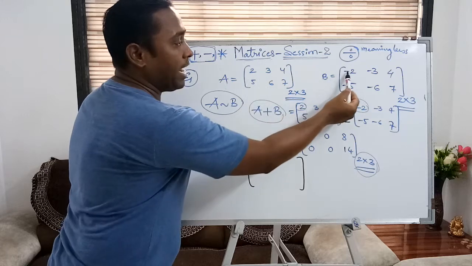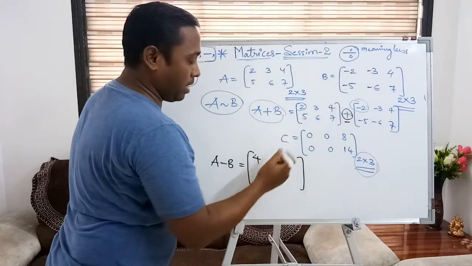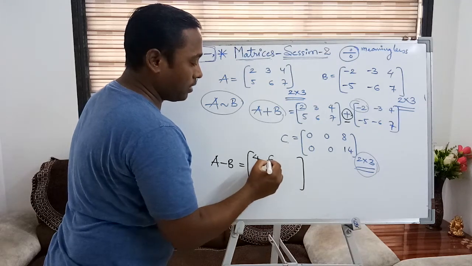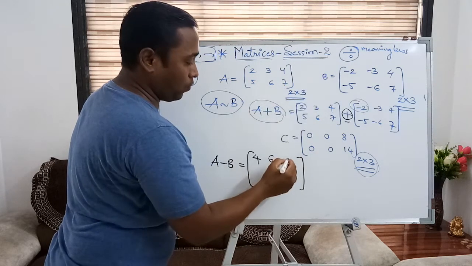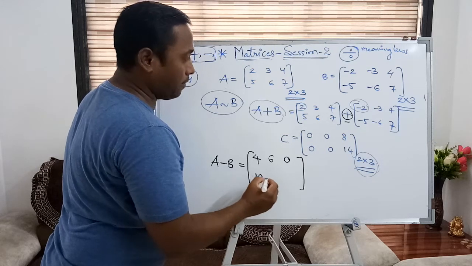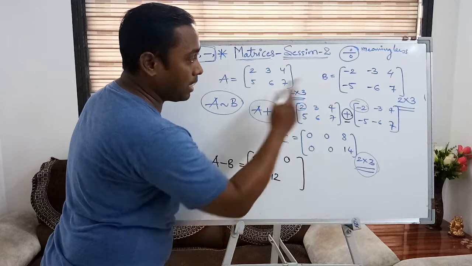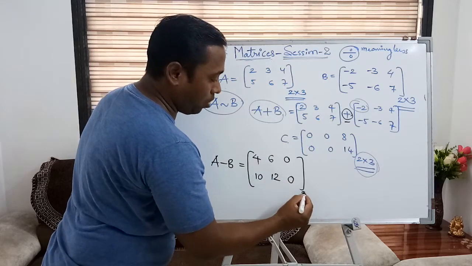So 2 minus of minus 2 becomes 4. 3 minus of minus 3 becomes 6. 4 minus 4 is 0. 5 minus of minus 5 becomes 10. 6 minus of minus 6 is 12. 7 minus 7 is 0. What is the order?